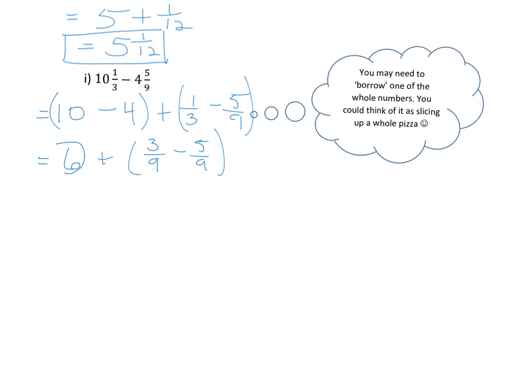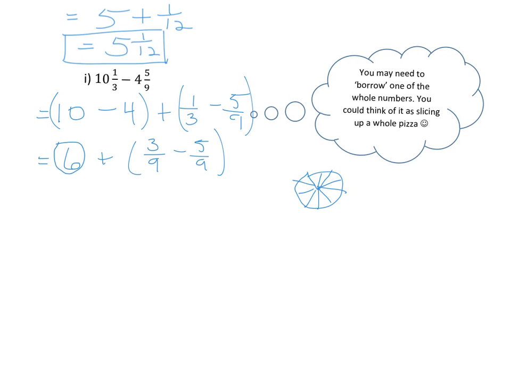So we're going to take one of these whole numbers and split it up into ninths. You could think of it as, I've got 6 whole pizzas and 3 slices that are ninths, but I need to give away 5 of those ninths. So I can give away the 3 loose ones, but I need to cut one of those whole pizzas up into 9 slices.